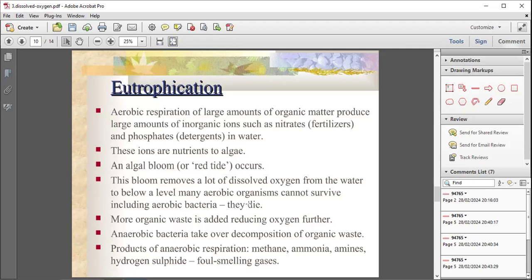They die. Organic waste is added, reducing the oxygen further. Anaerobic respiration produces methane, ammonia, amines. Methane gas is the LPG-type gas used for cooking; it is called natural gas. Ammonia, amines, hydrogen sulfide are foul-smelling gases, right?